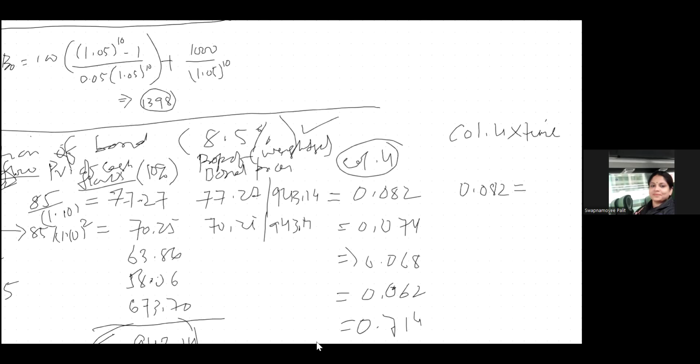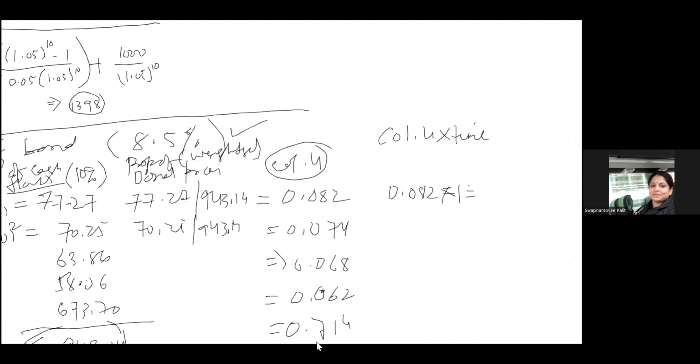So this into 1, you get the same value, 0.082. Second one, this into 2, because it is the second year. So you are getting a value of 0.149. And this way you proceed.